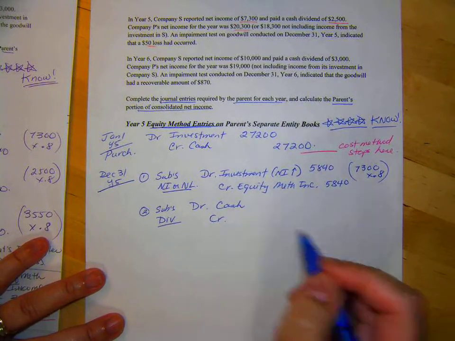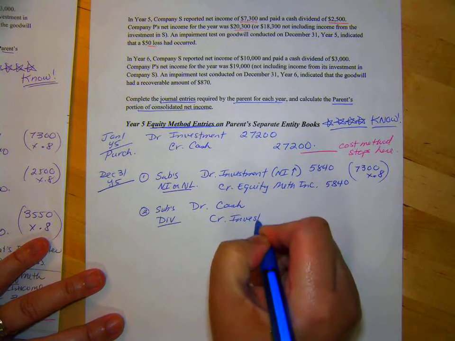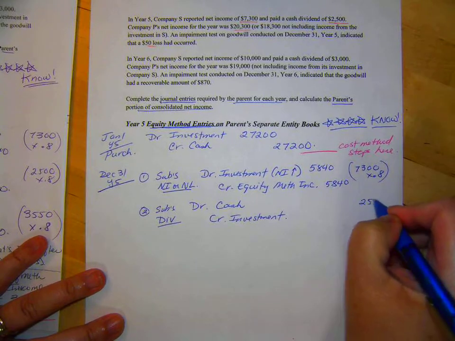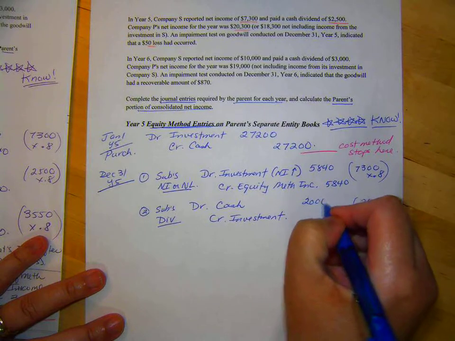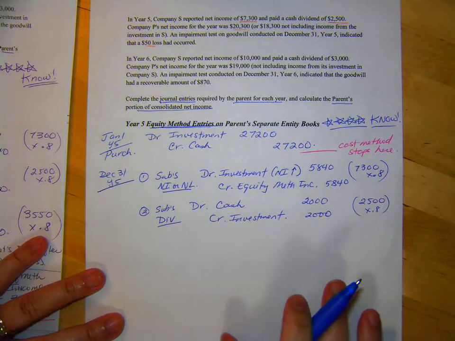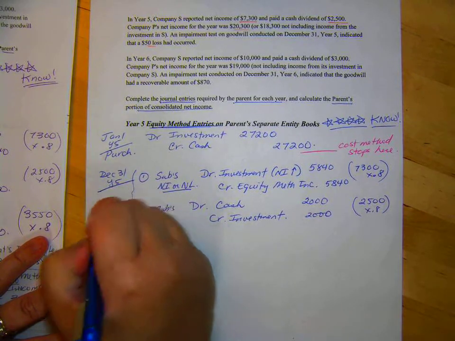And do I credit investment income? No, investment. We don't get the full amount, we get 2,500 times 0.8, which is 2,000. Okay, those are from chapter 2, and you should know them.